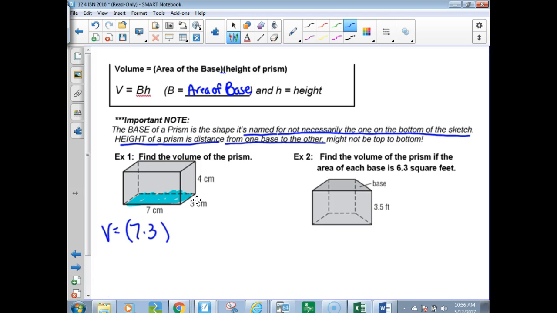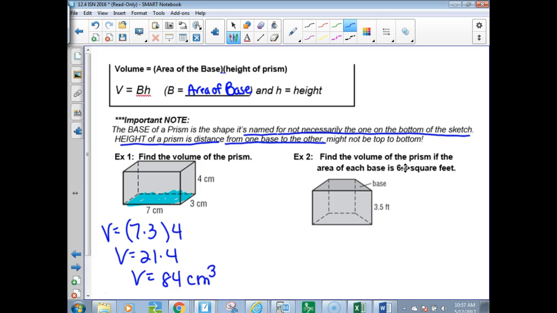So it's real simple for a box. A box, you just multiply the 3 dimensions. So this is going to be 21 times 4. Area of the base is 21 times the height, 4, which would be a volume of 84 cubic centimeters. You're doing centimeter times centimeter times centimeter. So that's how we get cubic centimeters.